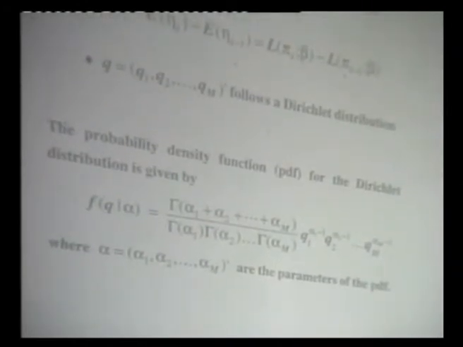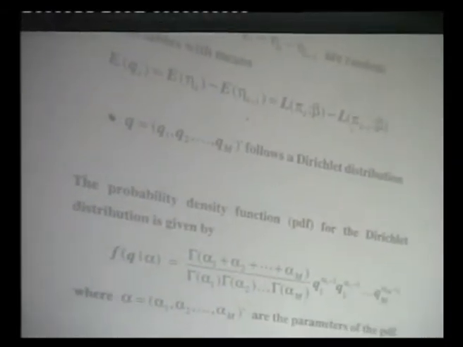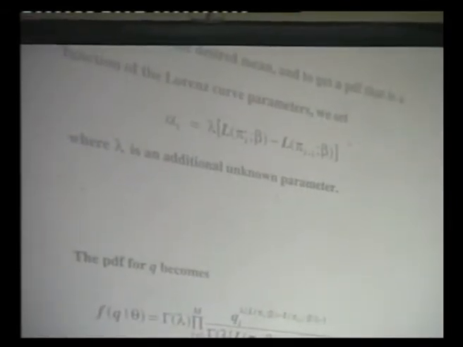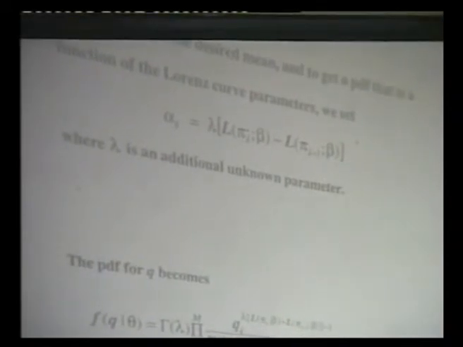To make those two assumptions hold, we need to set the alphas equal to something, and in fact making the alphas proportional to the difference of the Lorenz function at the two points, the two pi's, will give us what we want. I haven't proved that here, it's proved in the paper, but we need to introduce this additional parameter lambda, and then it has the characteristics we desire.